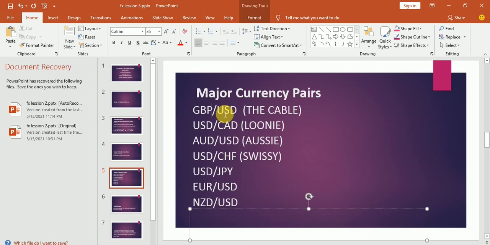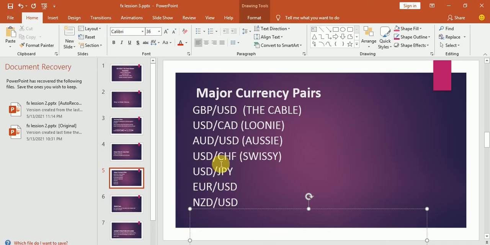Now in major currency pairs, some of them, due to their popularity, have gained nicknames. Like the pound: when you pair it with US dollar, it is known as the cable. The pairing of USD and Canadian dollar is known as the loonie. Australian dollar with US dollar is known as the Aussie.